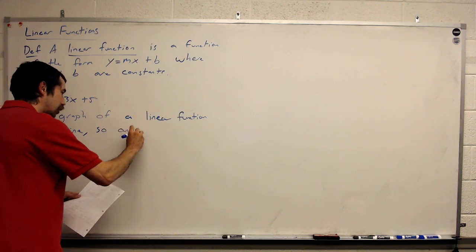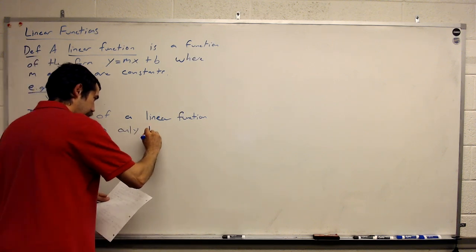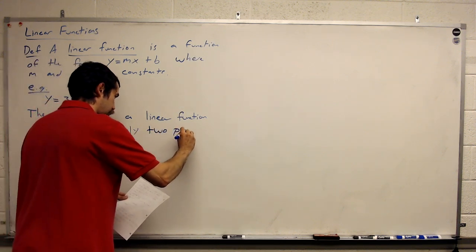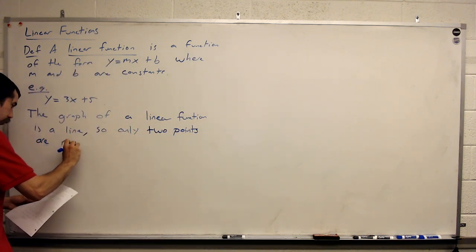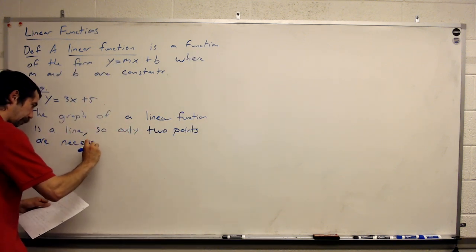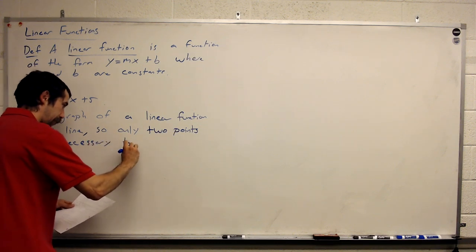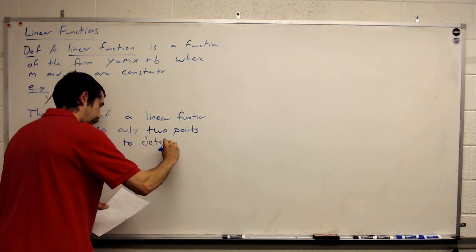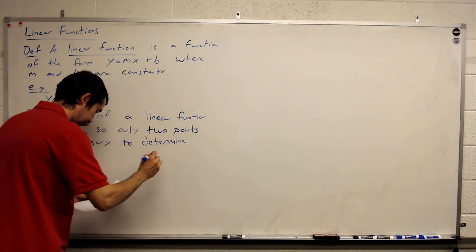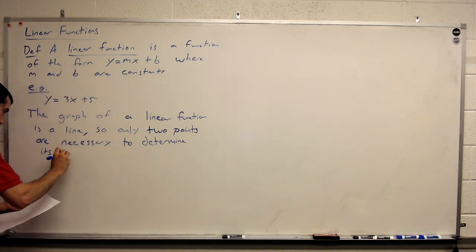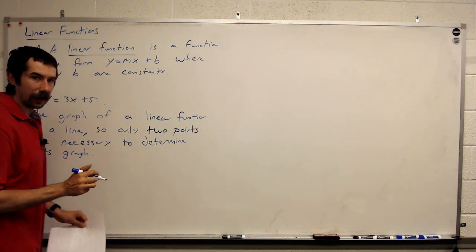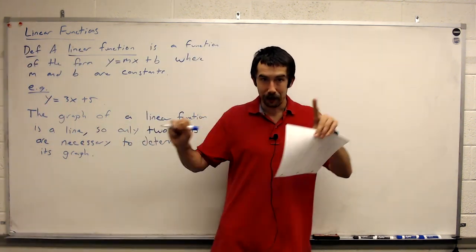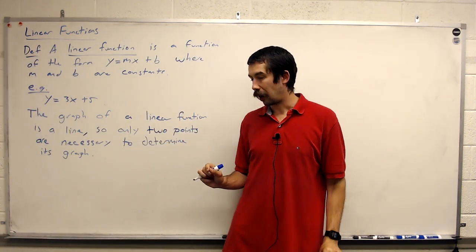So only 2 points are needed to determine its graph. Right? Once we find the 2 points, we connect the dots and we extend infinitely in both directions.